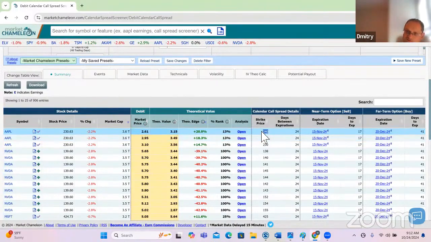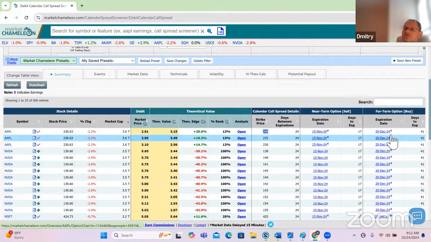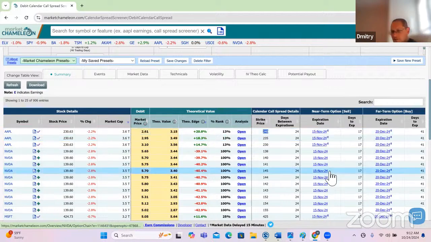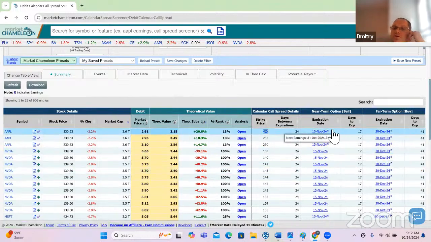So it's the opposite of a vertical spread where you have same expiration, different strikes. In a time spread, you have same strike, different expirations. So here's the strike, and then you have the two expirations. For convenience, if we detect an event that will happen prior to that expiration, we'll put a little indicator like an E that stands for earnings.